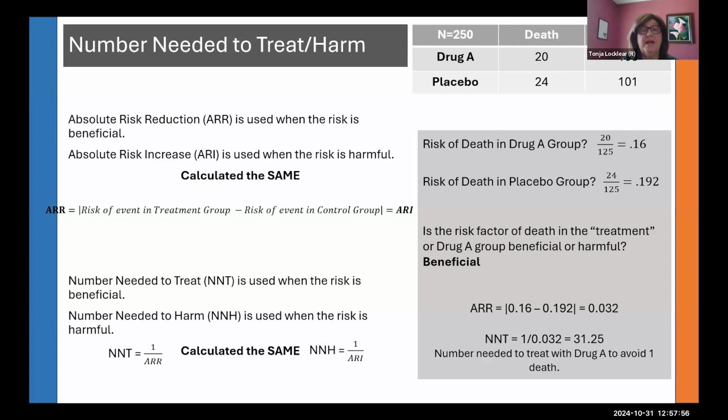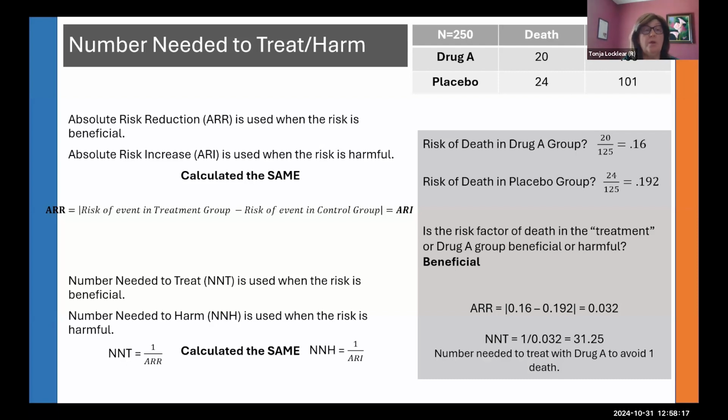So that tells us that our absolute risk reduction, because our treatment group was lower than our placebo group, means it was beneficial. So because it was beneficial, then it's an absolute risk reduction, and it is the number needed to treat. That's what's used when the risk is beneficial.